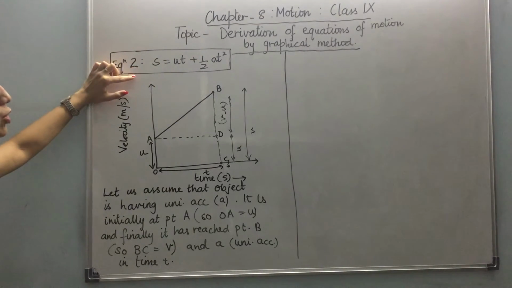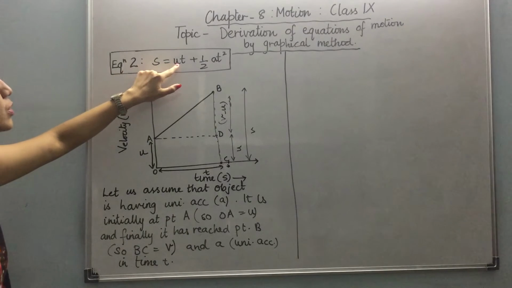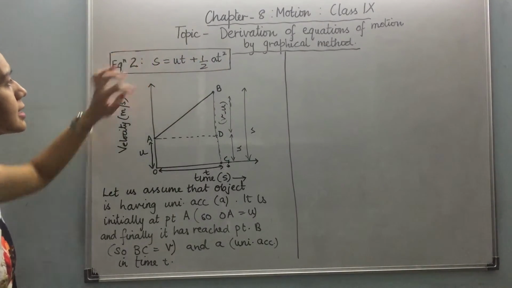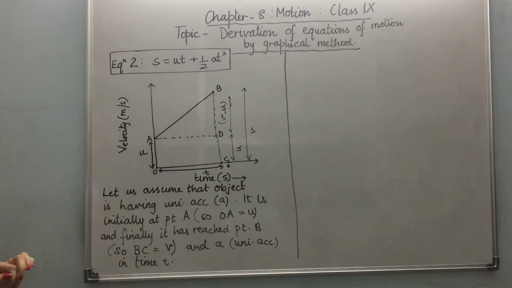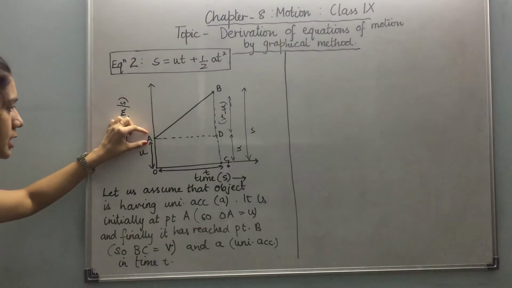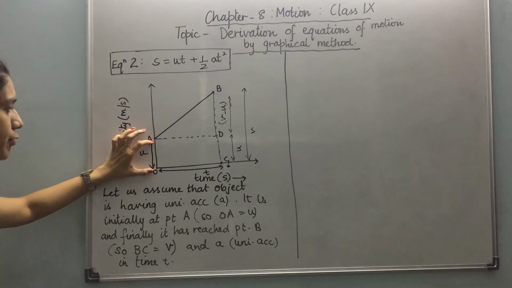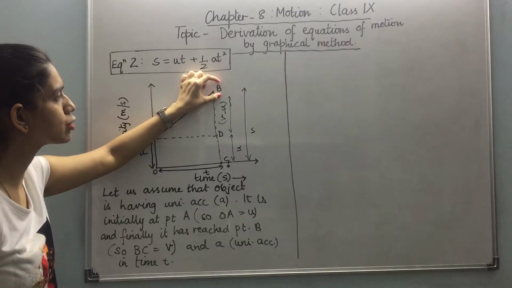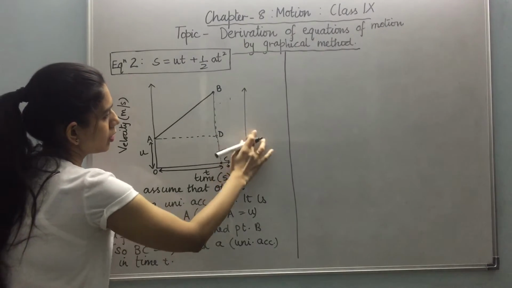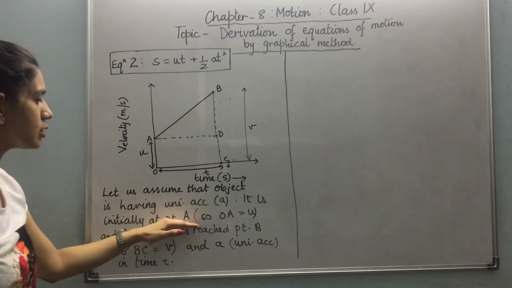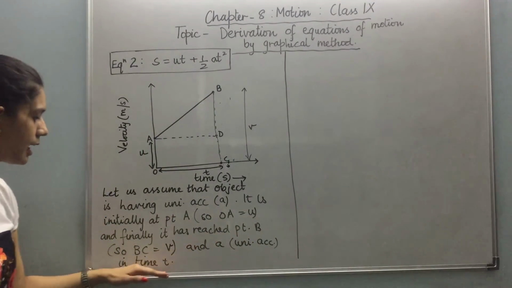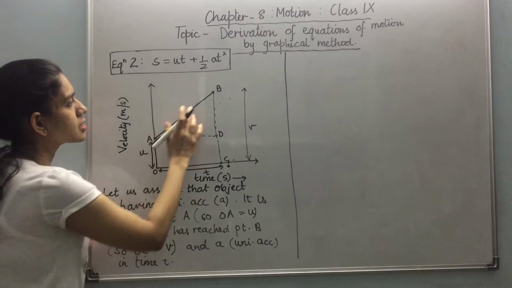Derivation of the second equation of motion, which is s equals ut plus half at square. s is the distance traveled by an object. So if we assume that the object is initially at point A having initial velocity of u, and finally it has reached point B with final velocity of small v, and we also assume that the object is moving with a uniform acceleration a, and in time t it has moved a certain distance.